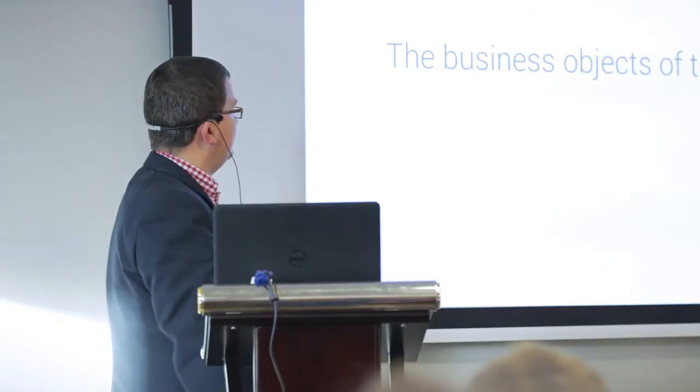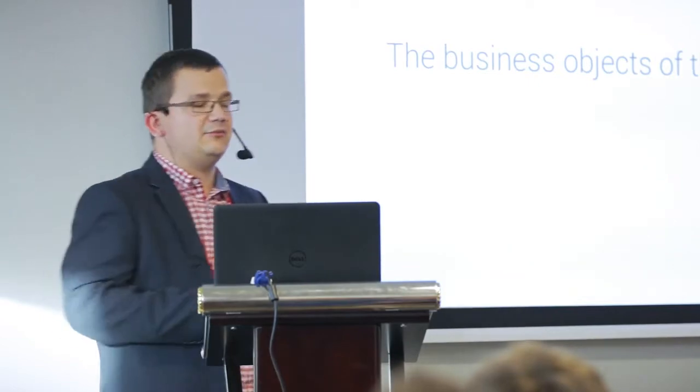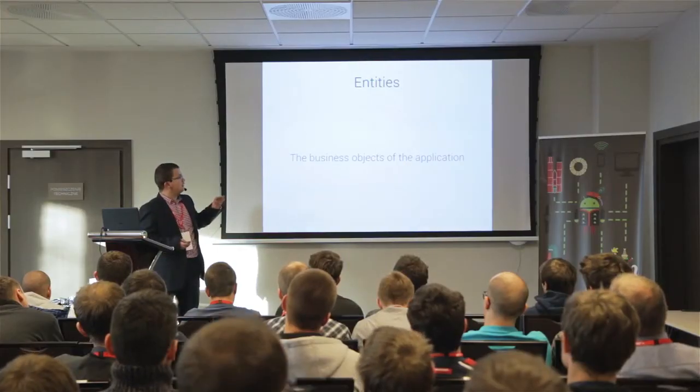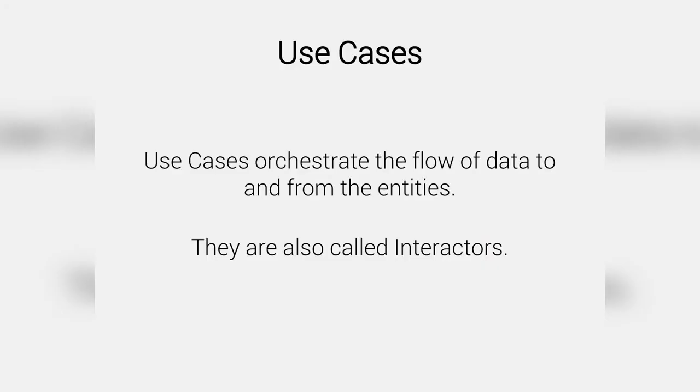So entities are the business objects of our application, and the most important objects for us. We can easily test them because here we have some basic truths and stuff like that.